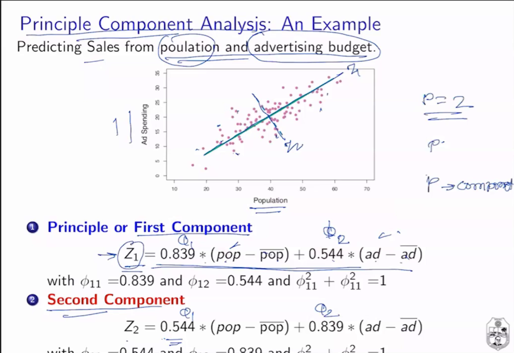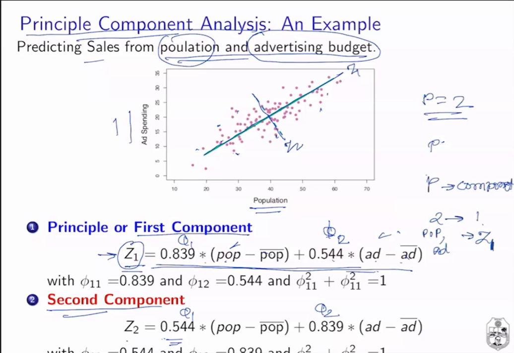So now the number of features is reduced from two to one, two dimensional to one dimensional. Earlier there were two variables, the population and the ad spending, which are now replaced with the values of Z1. And how are the values of Z1 calculated? By solving this equation, the values of Z1 are calculated.